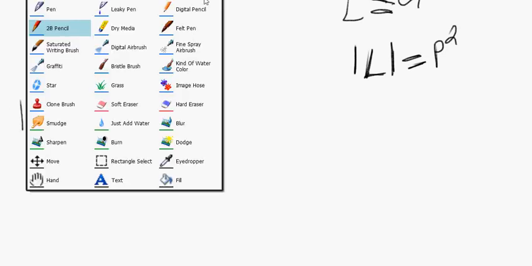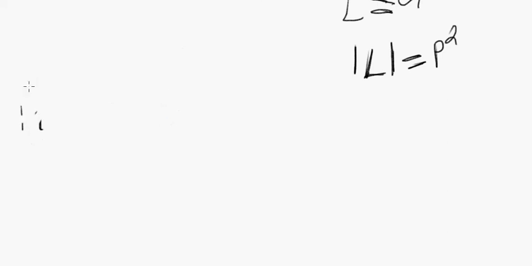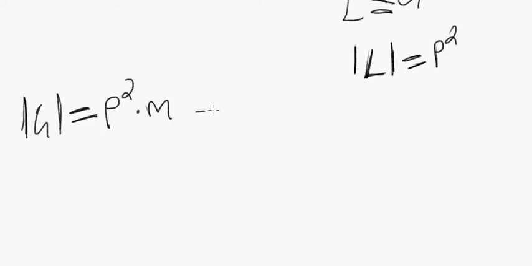Let's still try and prove this special case of p squared. So suppose that the order of g still equals p squared times m, and p and m are relatively prime. Does this imply that there exists some h such that the order of h equals p squared?